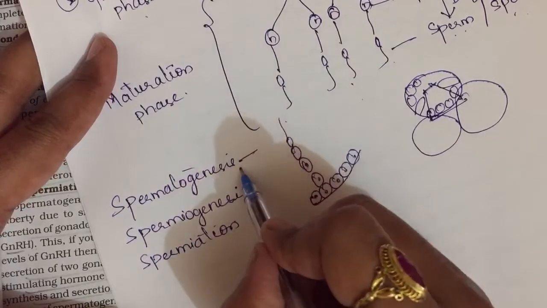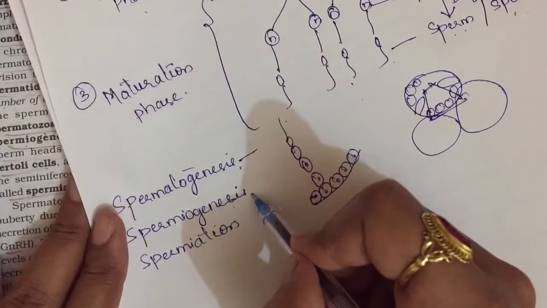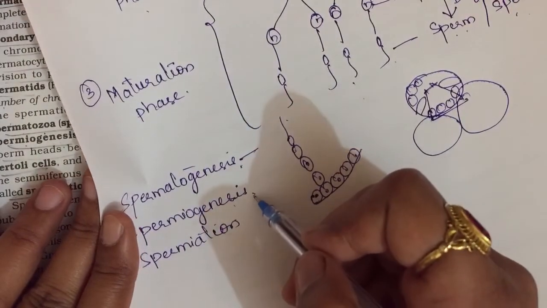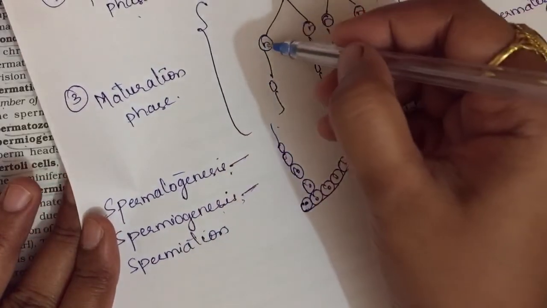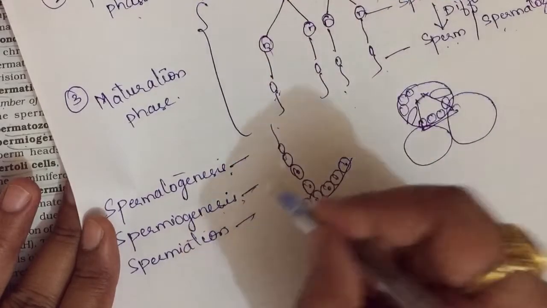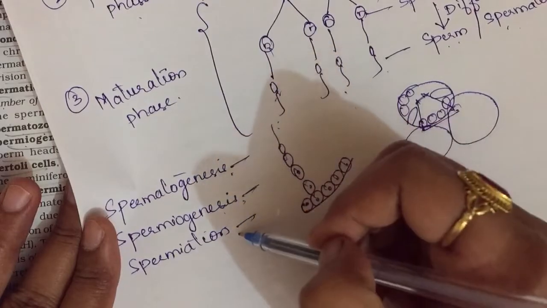Spermatogenesis is the process of formation of sperms. Spermiogenesis is the process of transformation of spermatids into sperms. When spermatids are transformed into sperms, we call it spermiogenesis. Now what is spermiation? The process of release of sperms from seminiferous tubules is called spermiation.